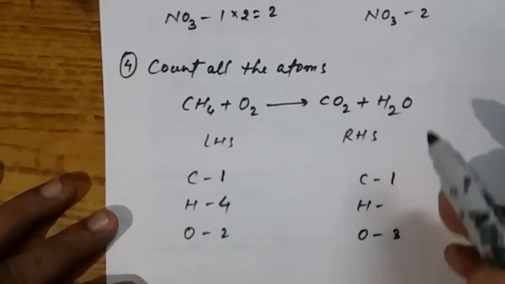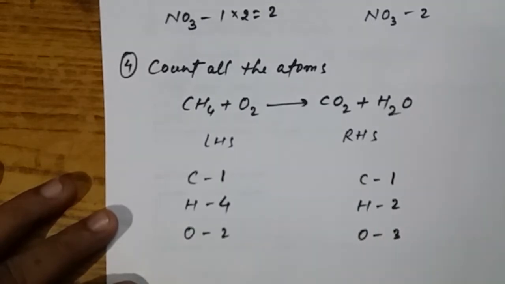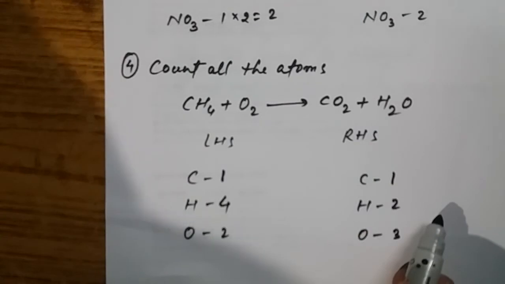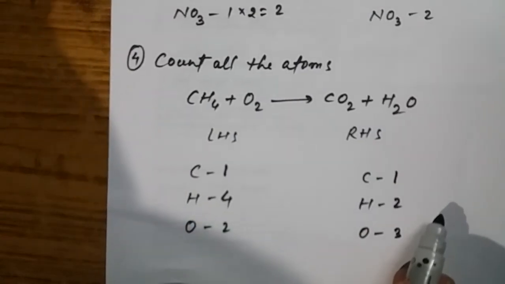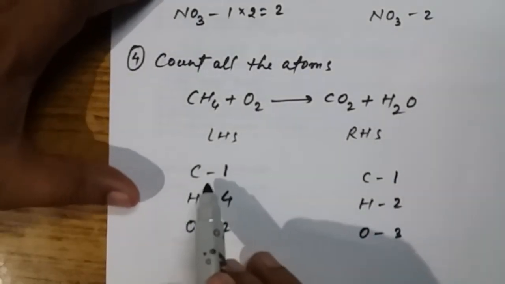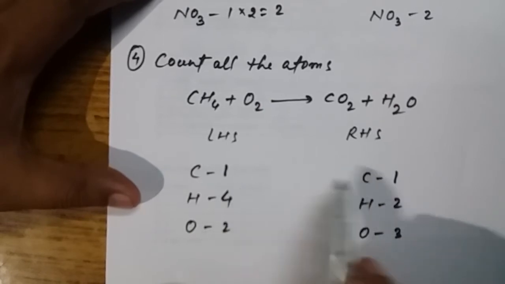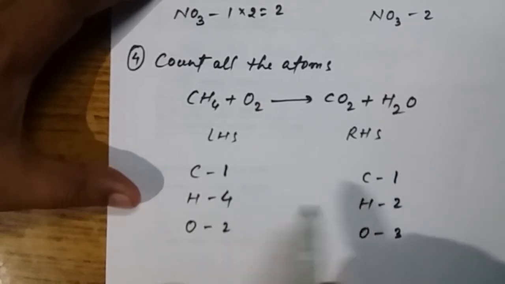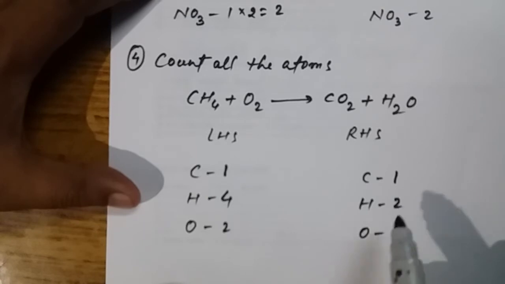And here hydrogen is 2. So if we see carefully, carbon on both sides are the same, but hydrogen here is 4 and here is 2. Oxygen here is 2 and here is 3.